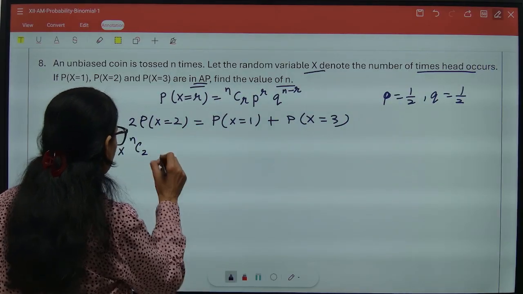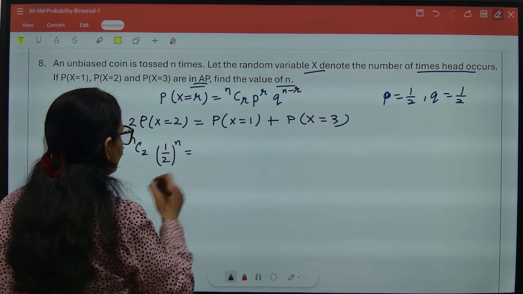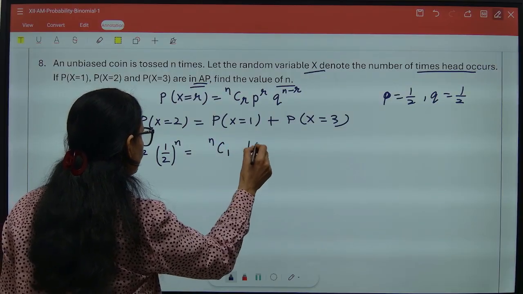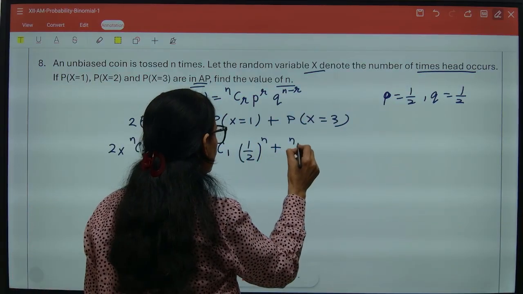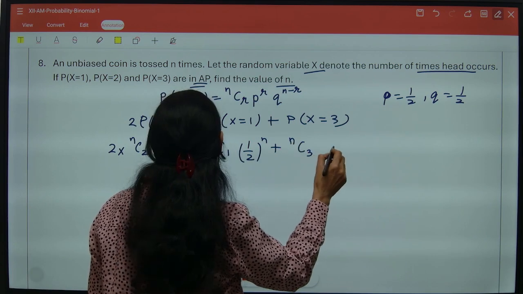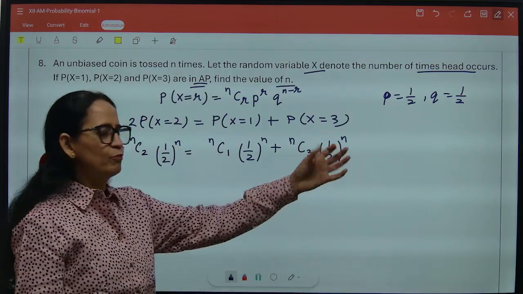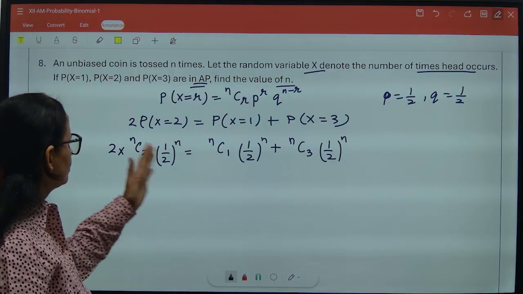So we can straight away write half to the power n equals probability of x is equal to 1 means NC1 and again half to the power n. And then probability of x is equal to 3 is going to be NC3 and again half to the power n. Because the sum of the exponents of p and q is always going to be n, so I have straight away written that.